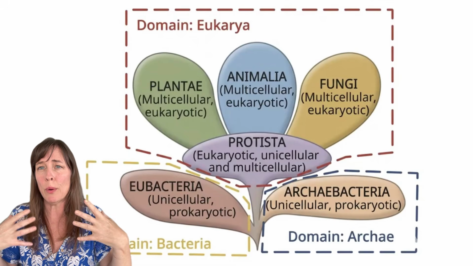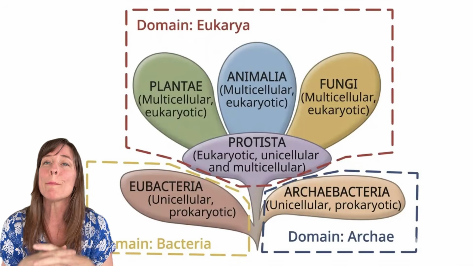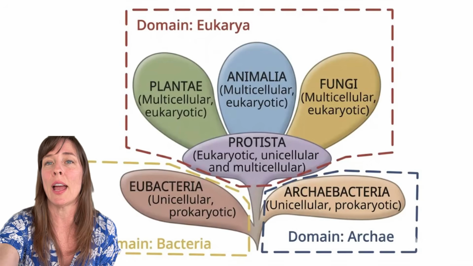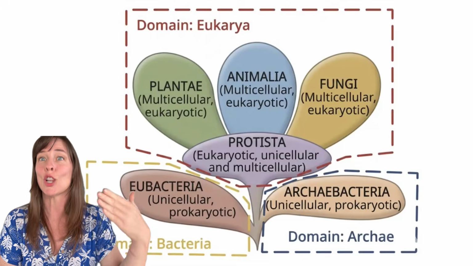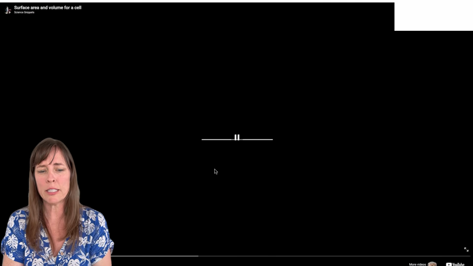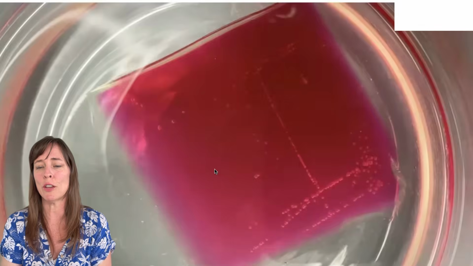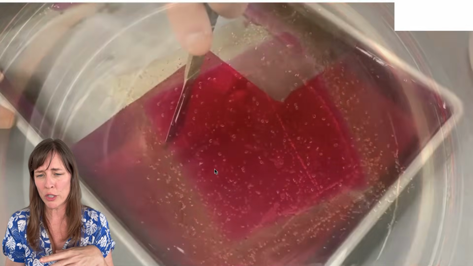The respiration that is happening at a cellular level in all of these organisms, but breathing is only happening when an organism has lungs. You may have done this in class, where you do an experiment looking at the rate of diffusion with surface area to volume ratio.